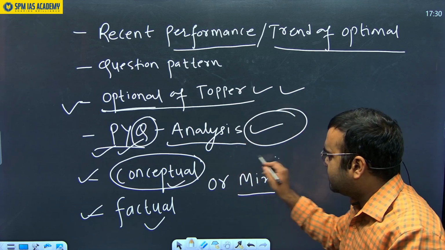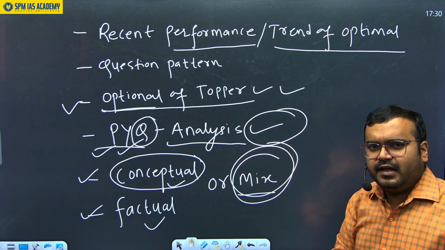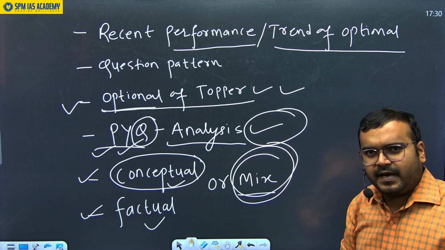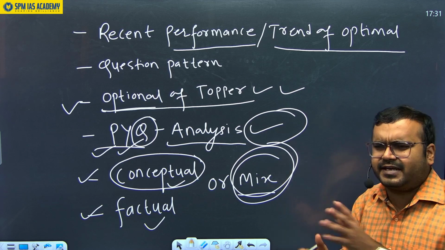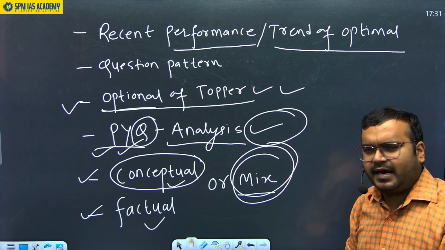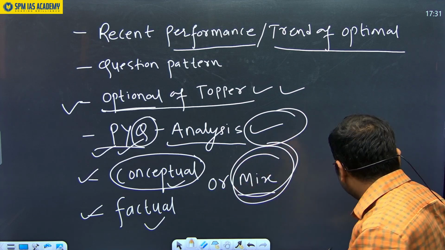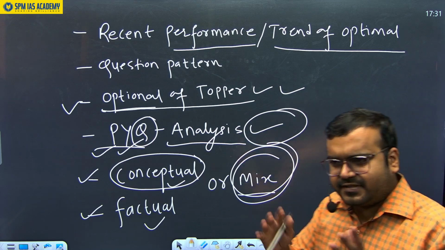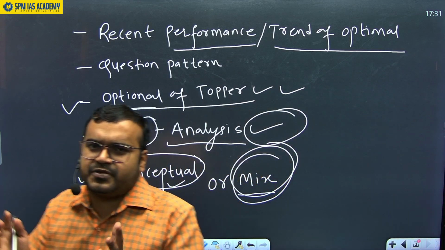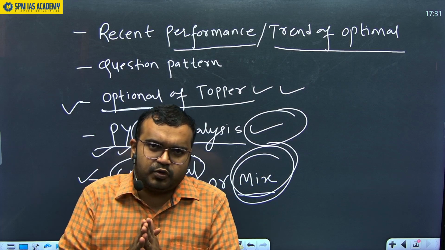Then we have optionals which are mixed in category. Let's talk about anthro also: the biology part has to some extent a conceptual element, right? Then other elements are your factual ones. So these are in general your different basic parameters of optional and those that need to be chosen, right?